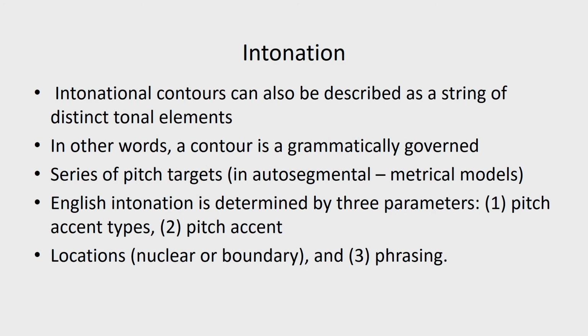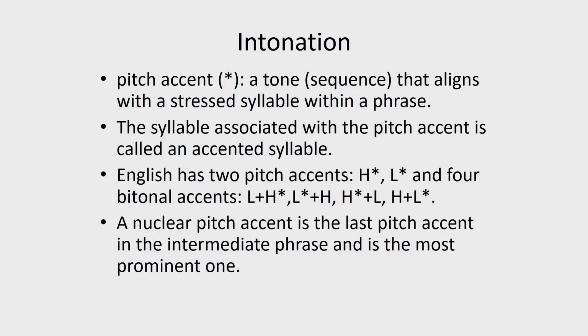Each intonation is determined by three parameters: pitch accent type, pitch accent location, and nuclear boundary and phrasing. The star tone that we talked about initially is also the pitch accent. This is how it's shown with a star, a tone in a sequence that aligns with a stressed syllable within a phrase. So if it aligns with the stressed syllable, then that is L star or H star.